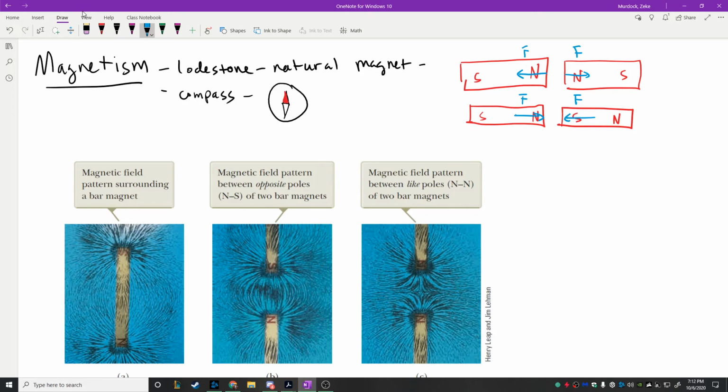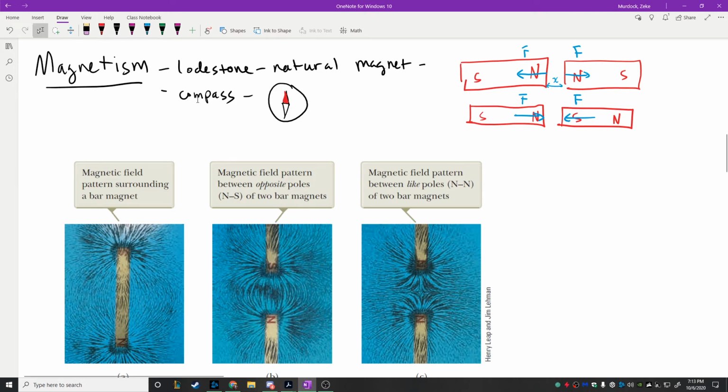I'll probably be wrong about this, but I believe the force between these two varies as either 1 over x cubed or 1 over x to the 4th power, if you define the distance between them to be x. I don't really remember which it is, but it's often not something we talk about a lot in this class, because we learn other things about magnets. Regardless, it's not related to Coulomb's law, no.